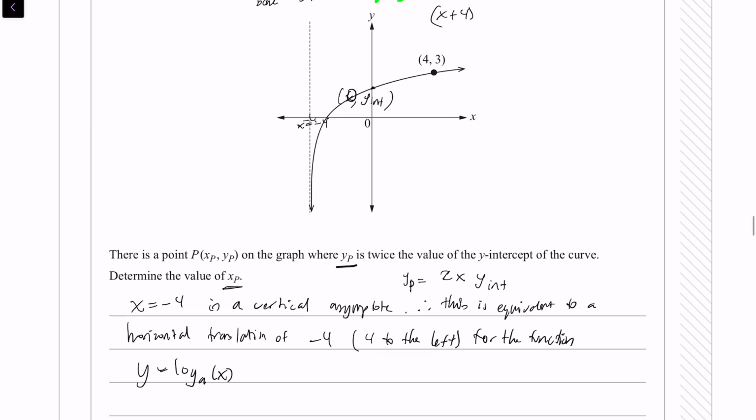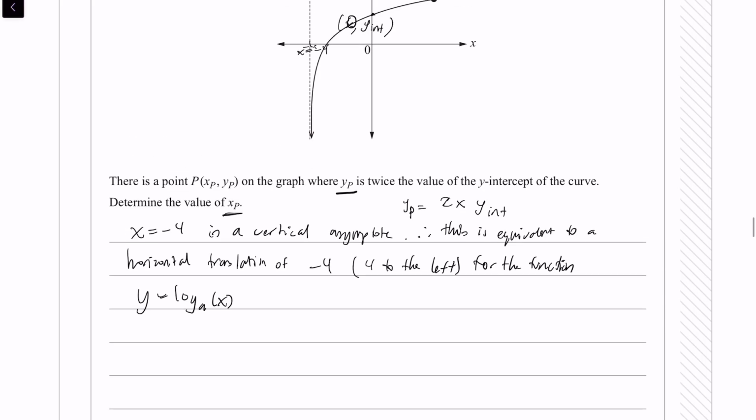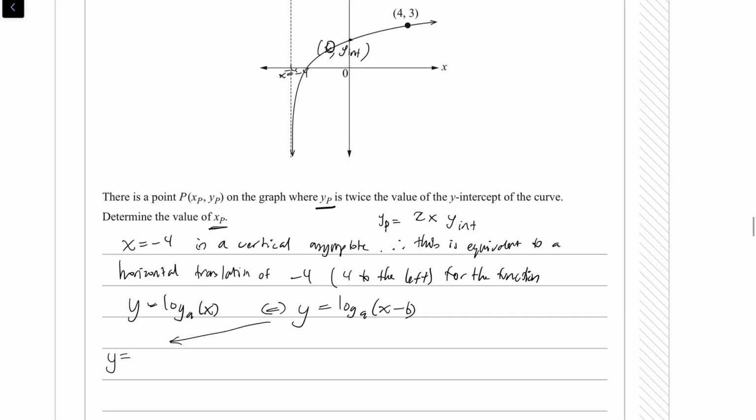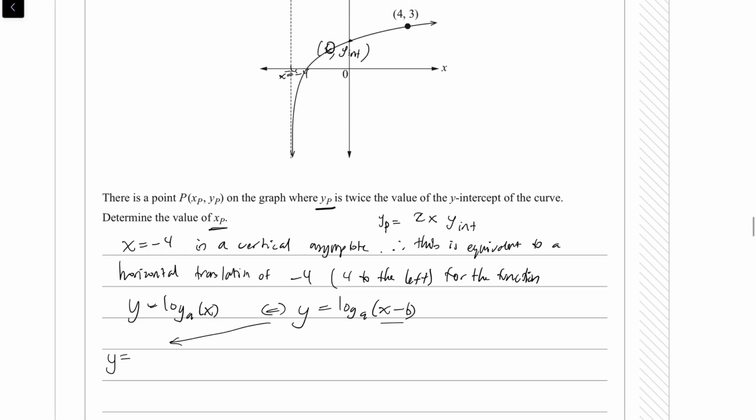Okay, and so there we know that in our general formula, y equals log a x minus b, we know that we are moving to the left, so we must be doing x plus something, or x plus b.